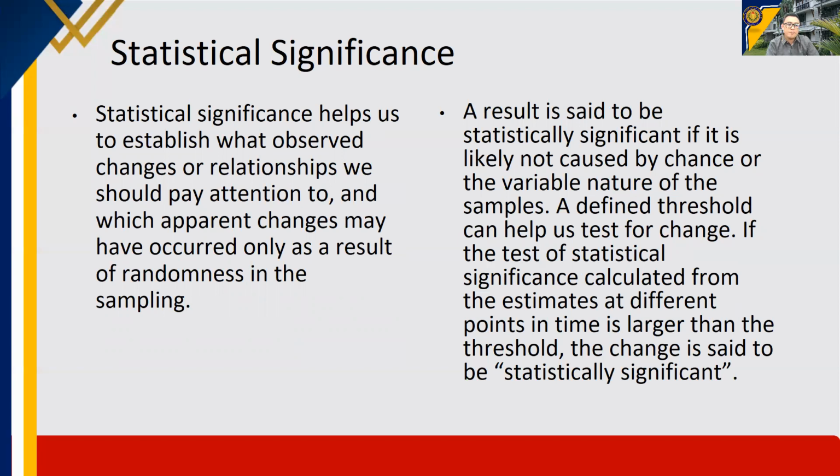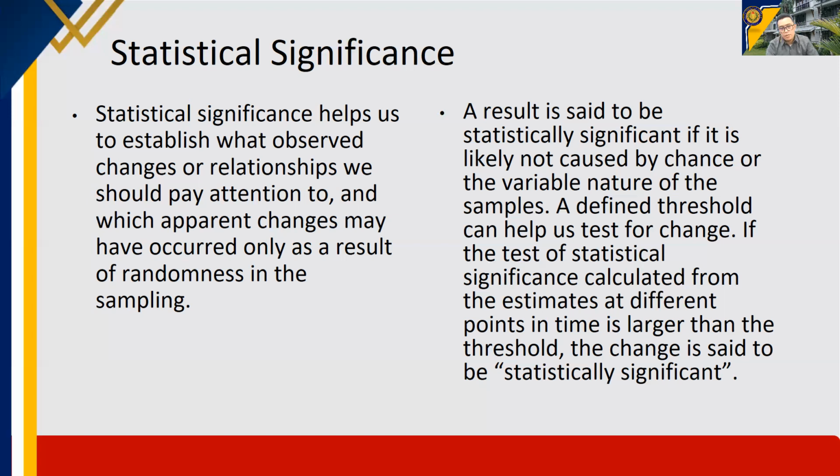So as a result, a change that is said to be statistically significant is likely not caused by chance or the variable nature of the samples. A defined threshold can help us test for change. If the test of statistical significance calculated from the estimates at different points in time is larger than the threshold, the change is said to be statistically significant.